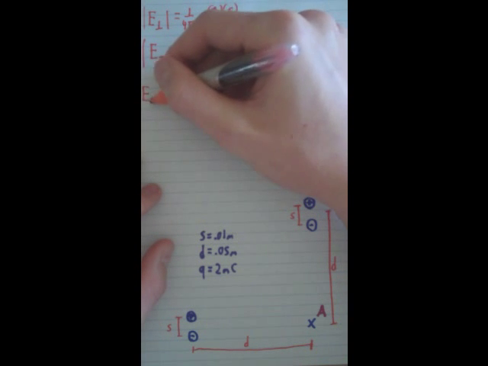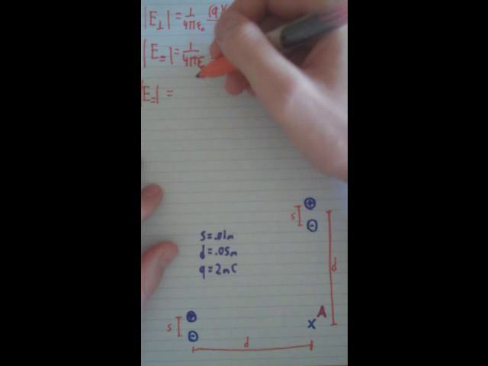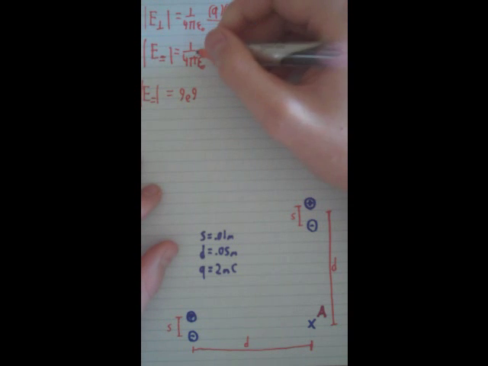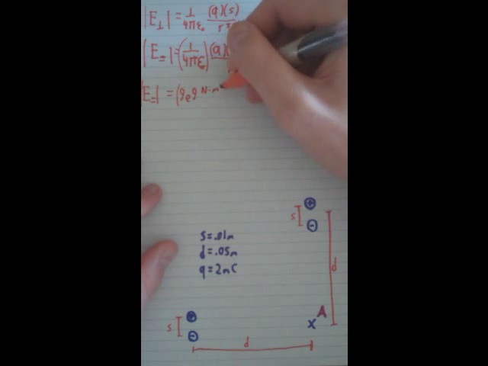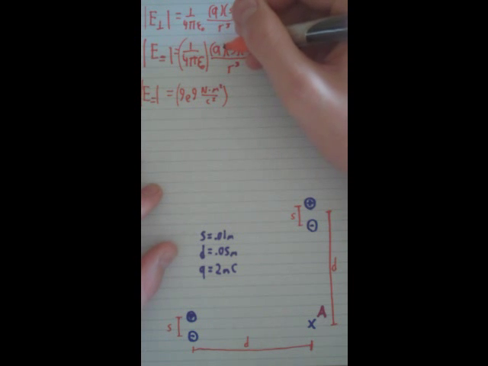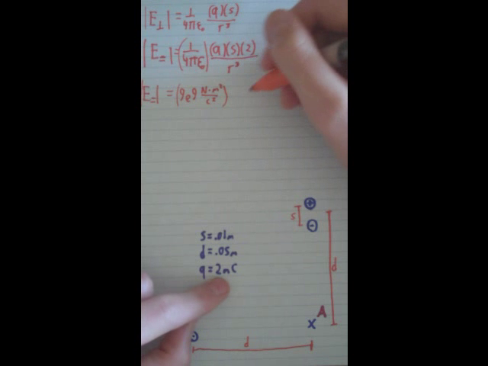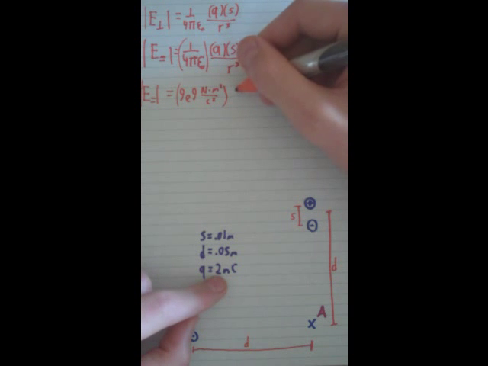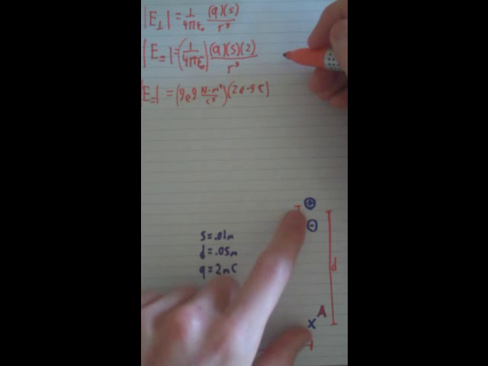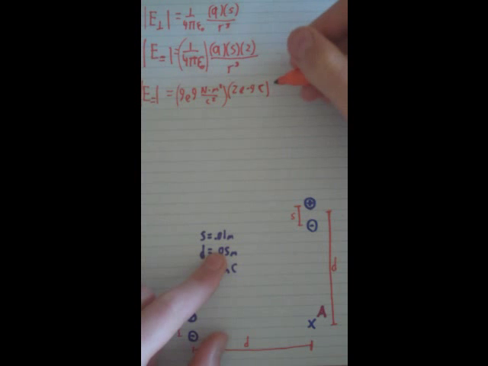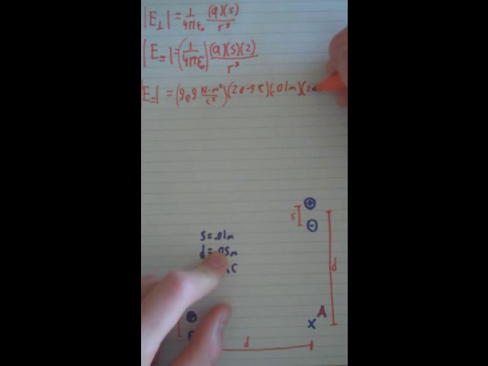E parallel is going to equal 9e to the 9th, because remember this constant is always this, newtons meters squared per coulomb squared. Our Q is 2 nanocoulombs, which we have to convert to coulombs. So it's going to be 2e to the negative 9th coulombs times s, our distance between the two dipoles, which in this case is 0.01 meters, and times 2, just because that's part of the formula.